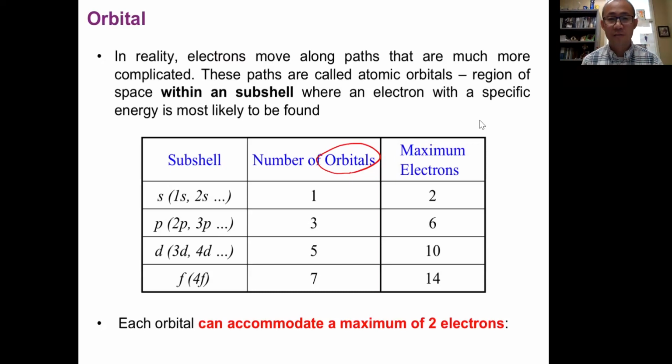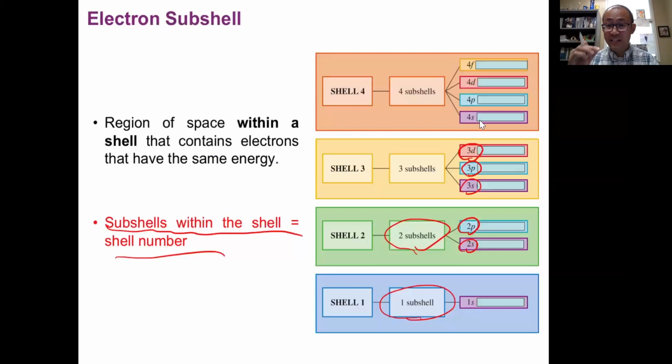Now, this table shows you the number of orbitals. Remember, subshells are designated by letters.